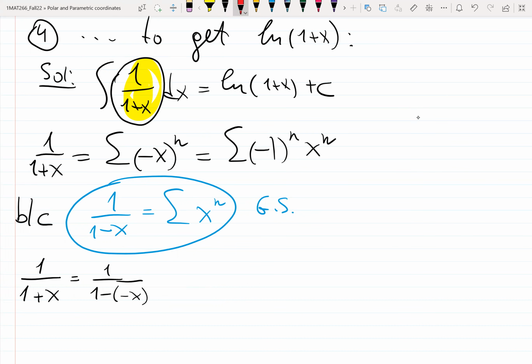The new input is now minus x. So the series becomes the sum of (minus x) to the n, and then the n drops onto each minus 1 and x. Make sense? Yeah, good job. That's a good question.